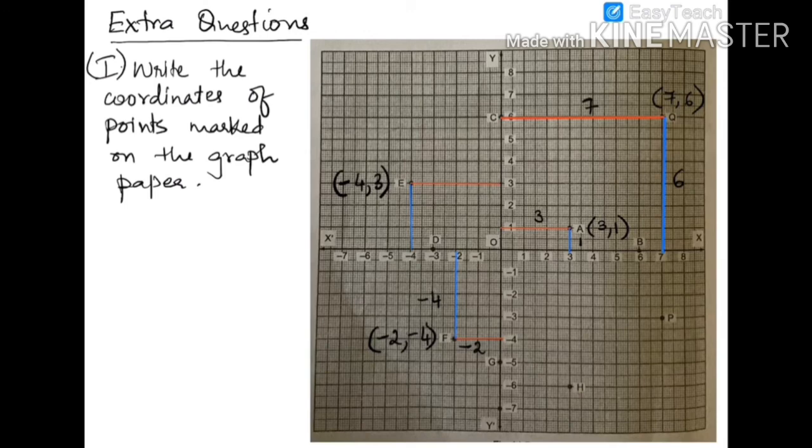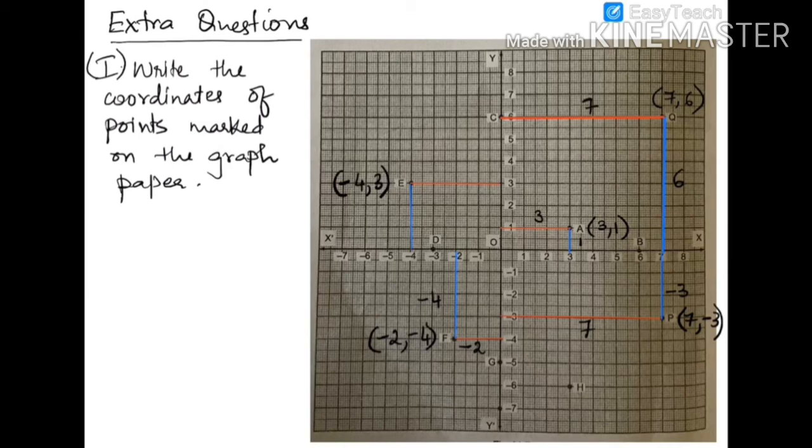Perpendicular distance of point P from the y-axis is 7 units and its perpendicular distance from the x-axis is -3 units. So the coordinates of point P are 7, -3.